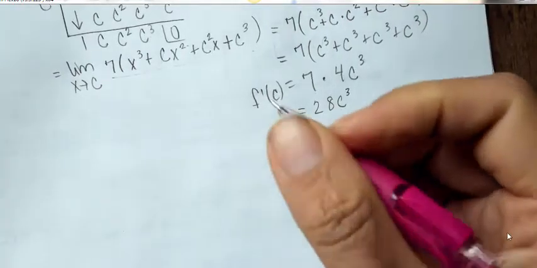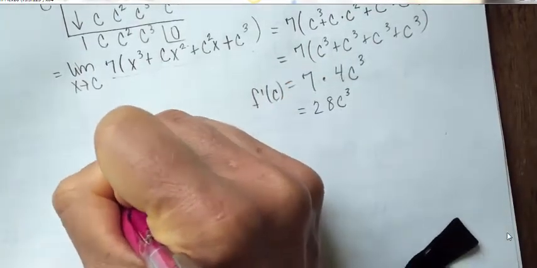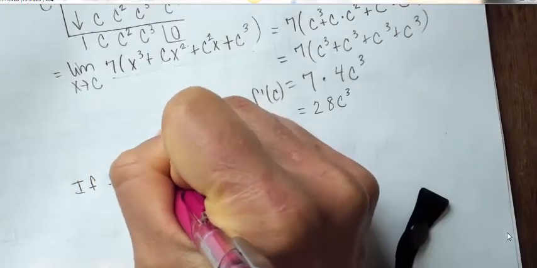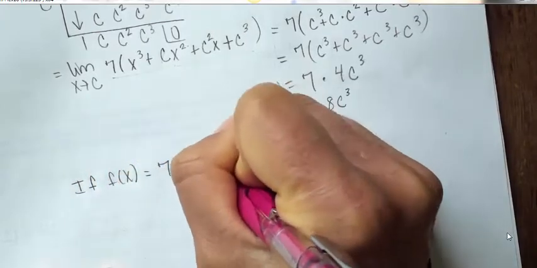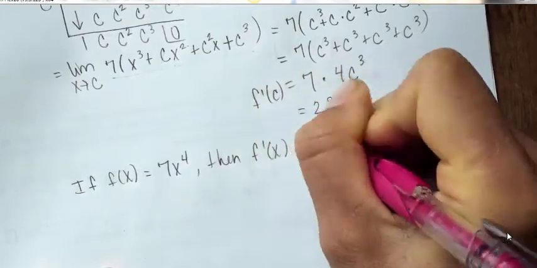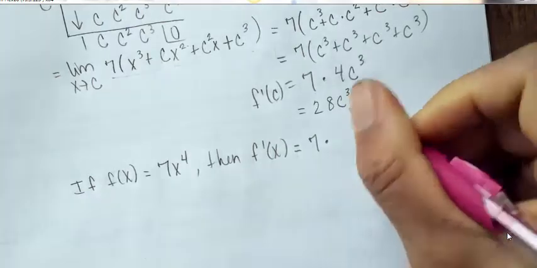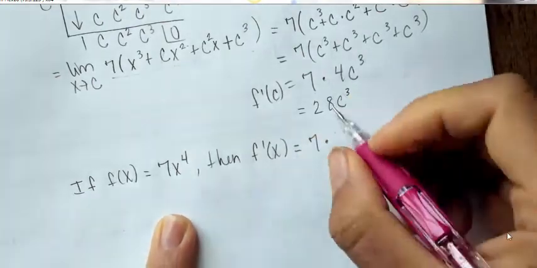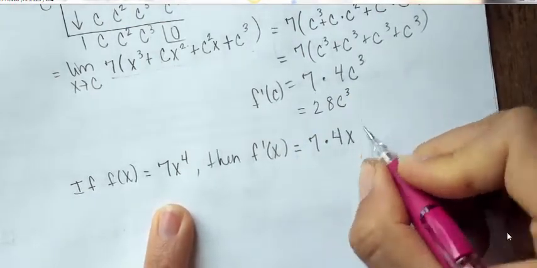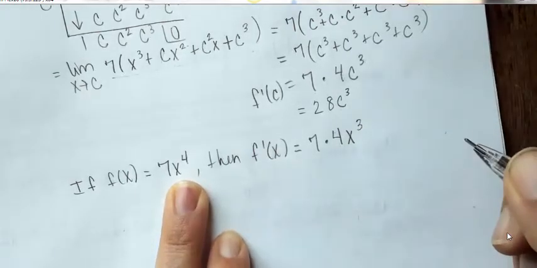So let's see. Our power rule says that if f of x is equal to 7x to the 4th, then f prime of x will equal 7 times, and then what you do is you bring down that 4, leave your variable alone, and then subtract 1 from that original power.